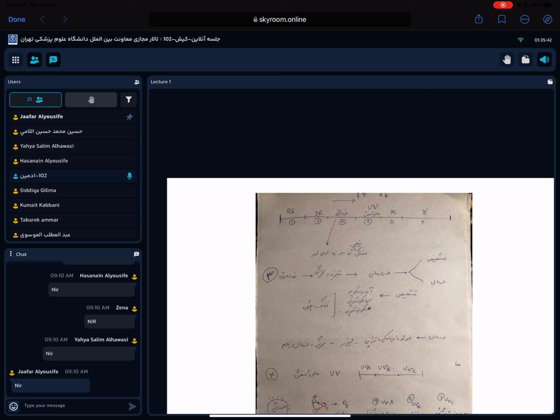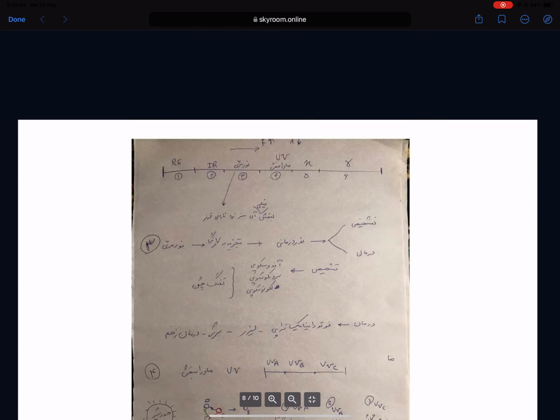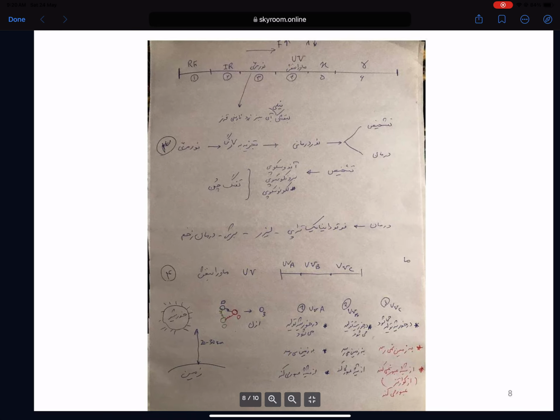The wavelengths or frequencies higher than UVC can go inside the cell and damage the DNA. So please remember, UVC, the fifth region, which is called X-ray, and the sixth region, which is called gamma ray, are cancerous and dangerous. This part is very dangerous.